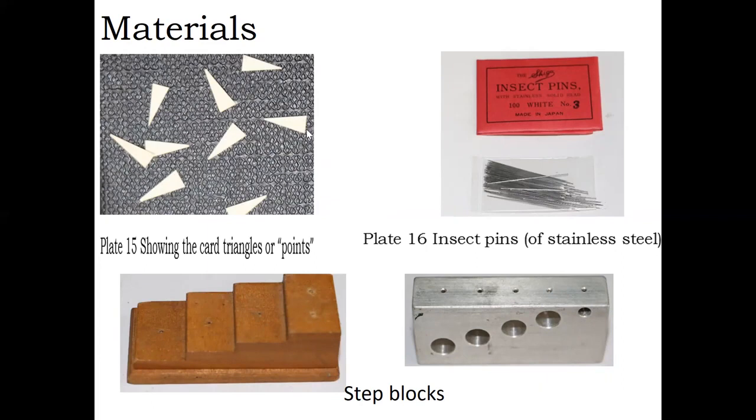Then these are entomological pins, also called insect pins, and they are of stainless steel. This is a step block made of wood. This is a step block again made of stainless steel. Each of these is called a step block.